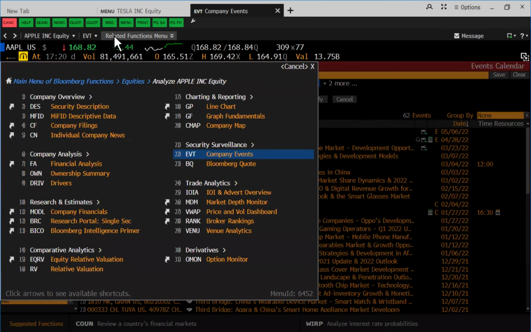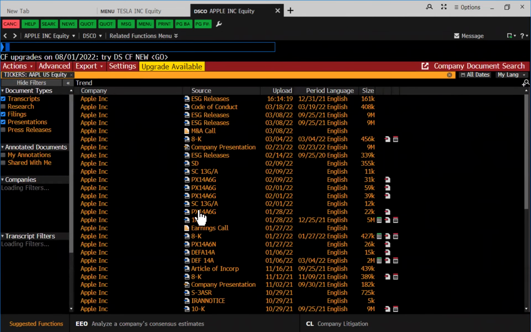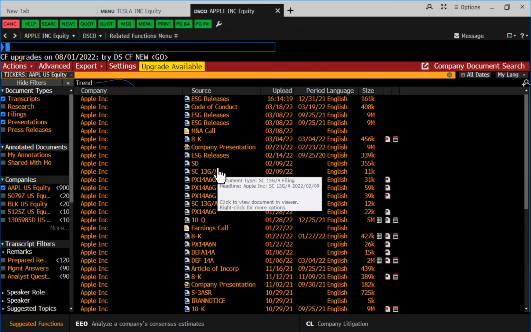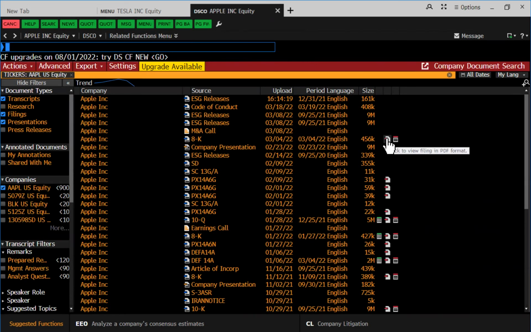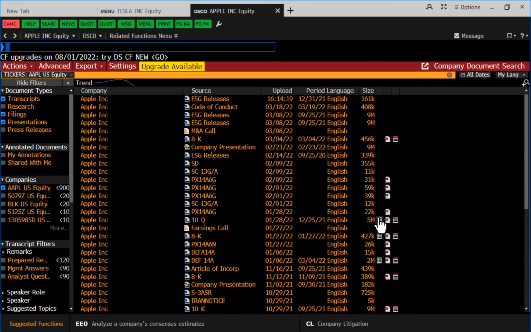Another thing is you can go to company filings and download the company's accounting filings directly from Bloomberg instead of going to some online resources. There will be a PDF file for the 10Q, and a lot of the time the 10K will have an Excel file.